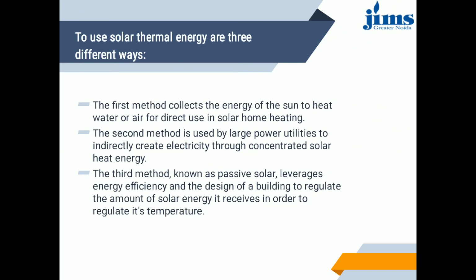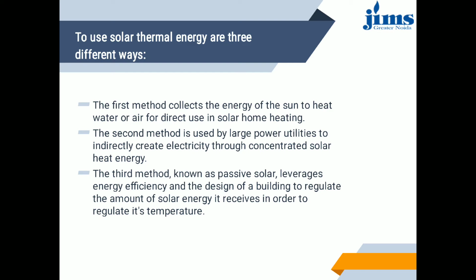So to use solar thermal energy, there are three ways. The first method collects the energy of the sun to heat water or air or for direct use in solar home heating.